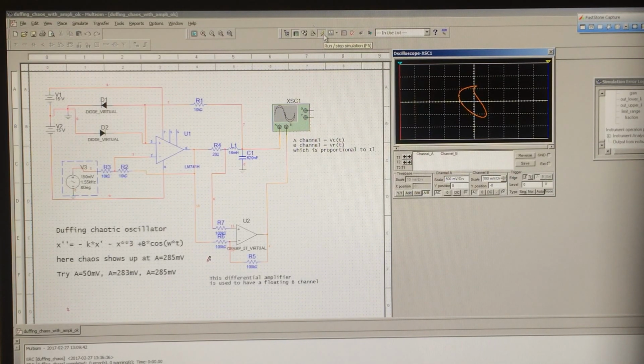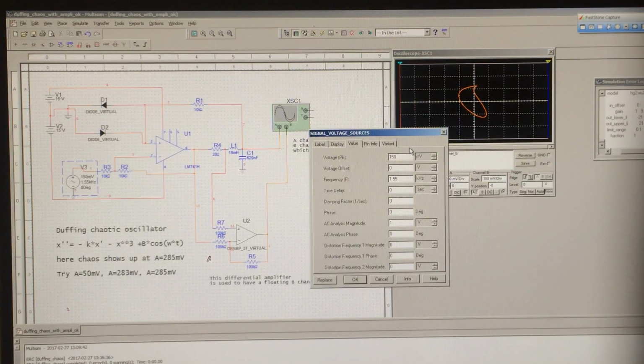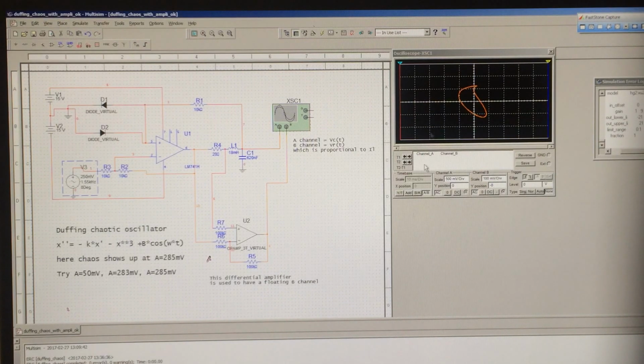So let's stop the simulation and change the voltage from 150 to 250, and we will launch the simulation again. So this is a better picture showing you the traditional, well-known feature of a strange attractor.